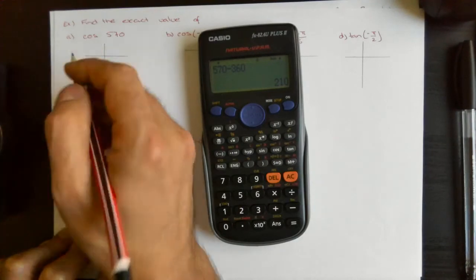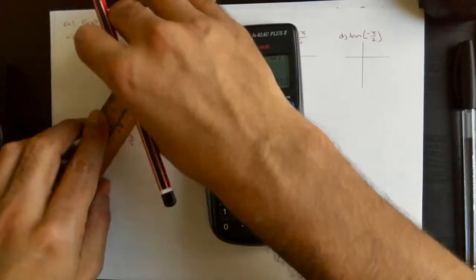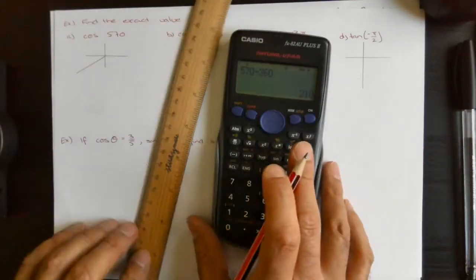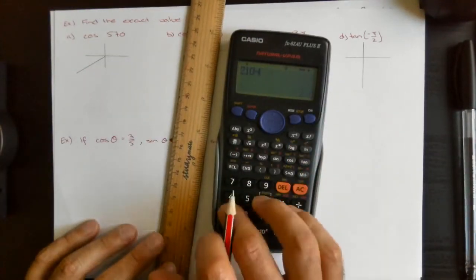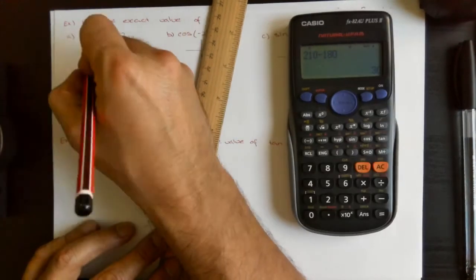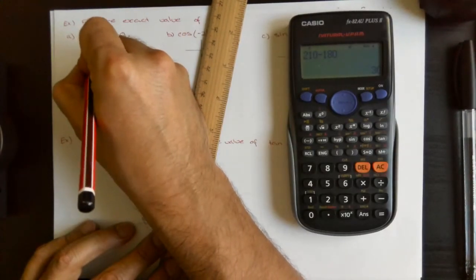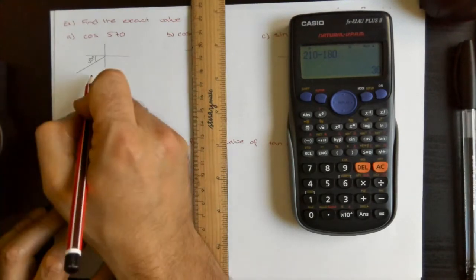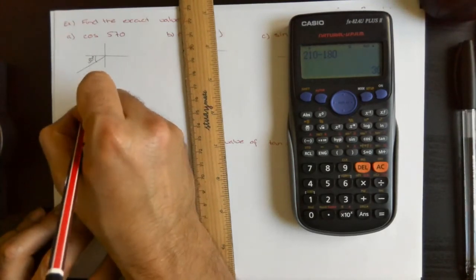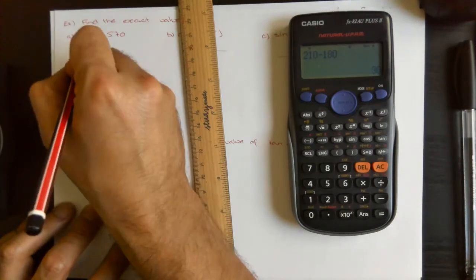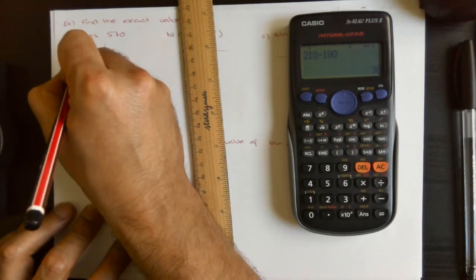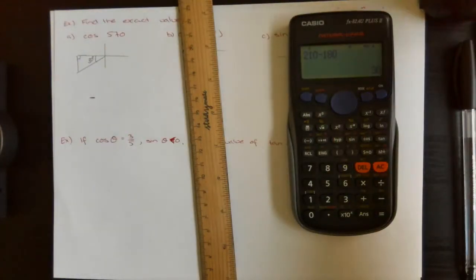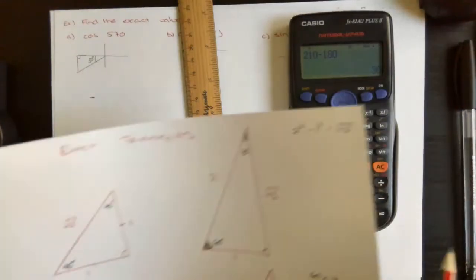So that's going to be somewhere here. So 210 minus 180, I get an angle of 30. Now it is in the third quadrant, so the solution is going to be negative. And using my exact triangles, I want to find what cos of 30 is.